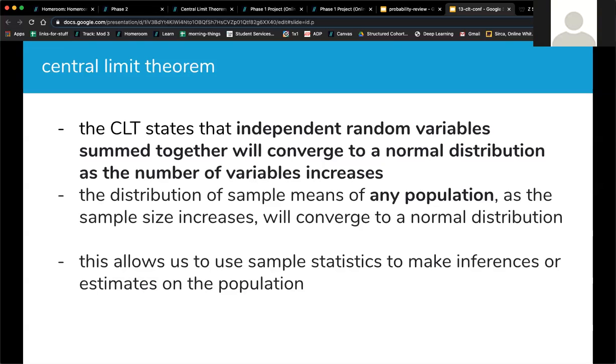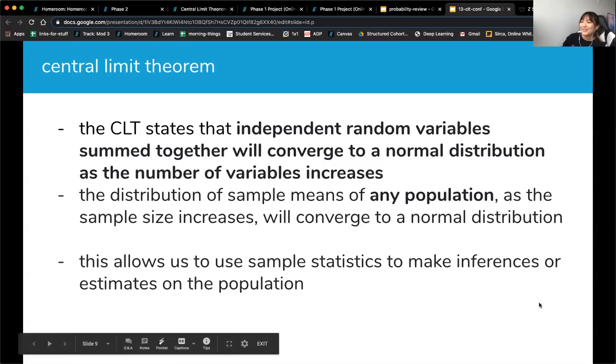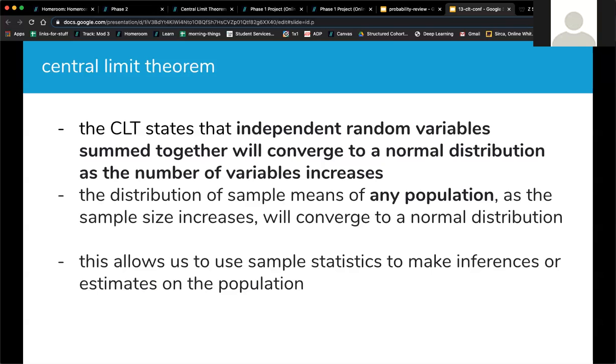What does it mean when they say independent random variables summed together? I guess you can think of it as, imagine, let me think of an example. I will find resources and then send them out.